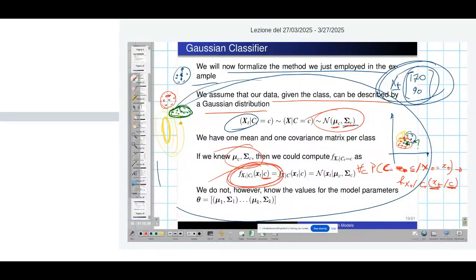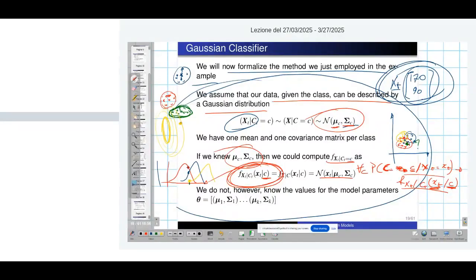If we knew the parameters of the Gaussian of each class, we could compute all these, and then we could compute class posterior probabilities. In one dimension, it would be like I have three classes. I have the model parameters for each class. I have my test point. I can compute the class conditional on the yellow, on the blue, and on the red class.